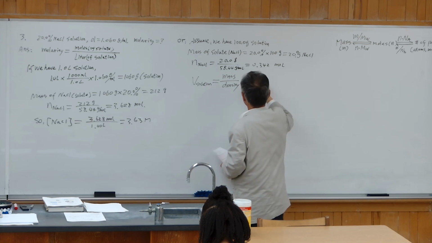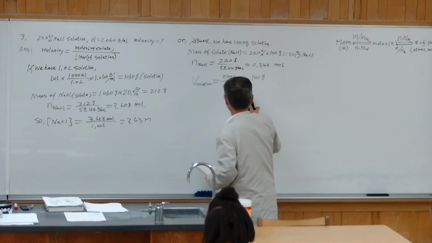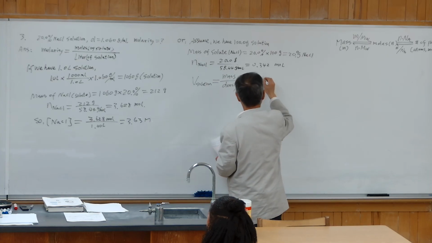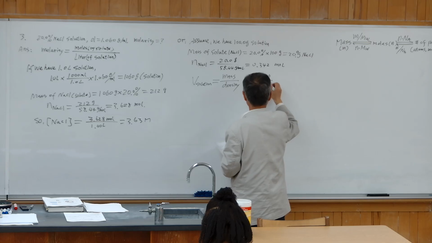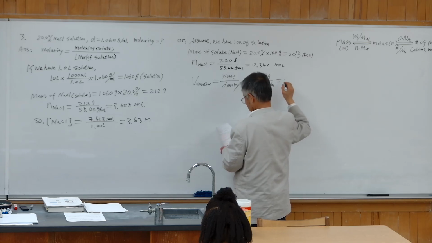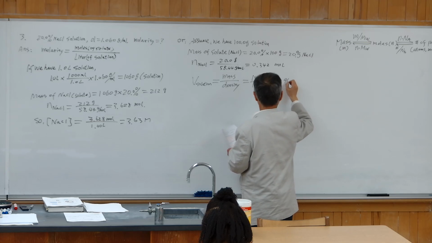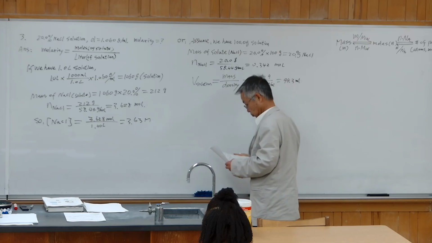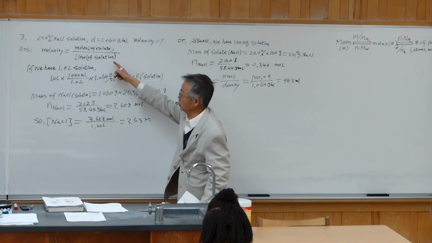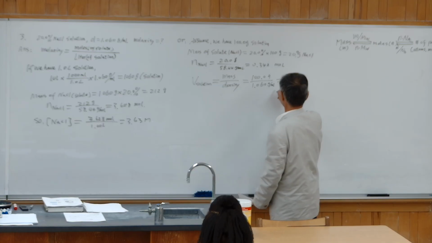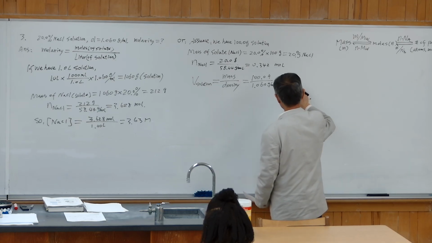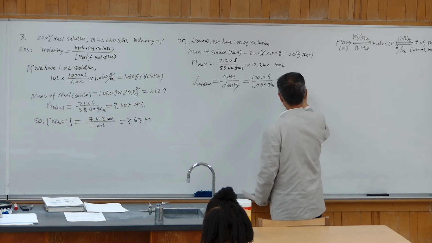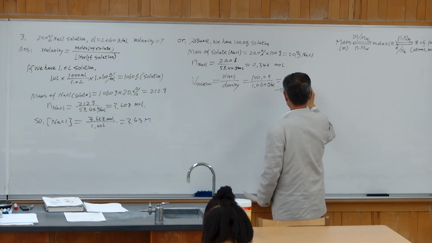The mass is 100 grams, and the density is 1.06 grams per milliliter. From here we get 94.3 milliliters. For molarity we need liters, so we convert to 0.0943 liter.